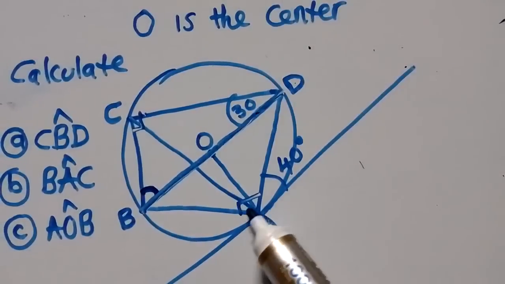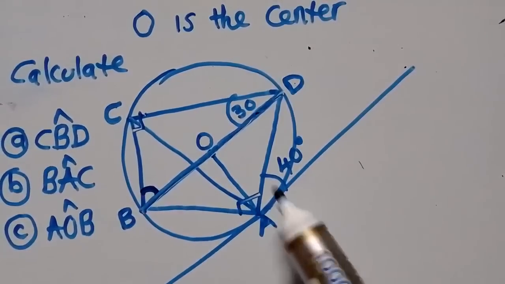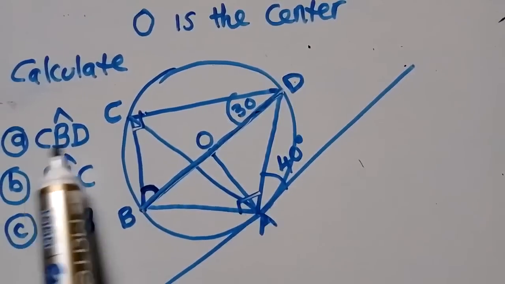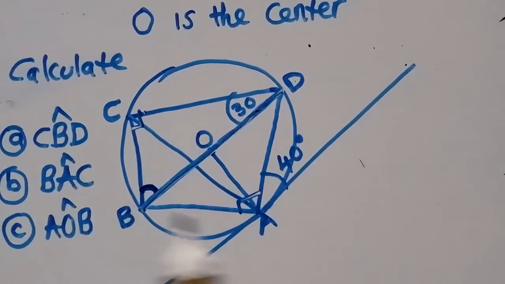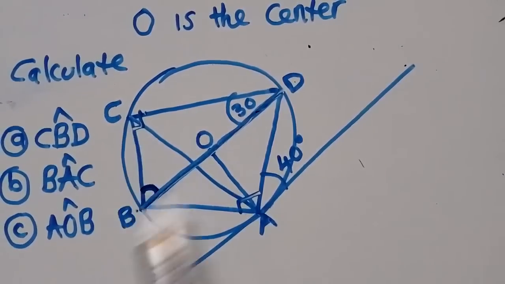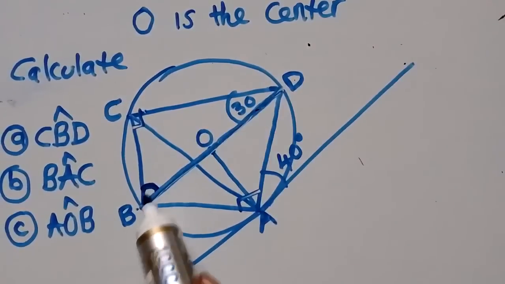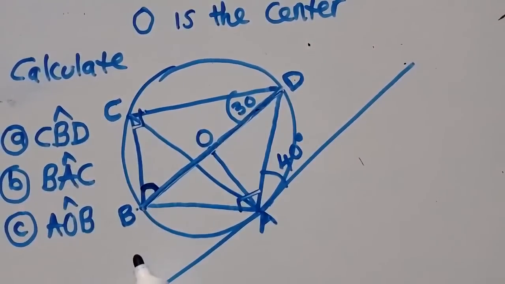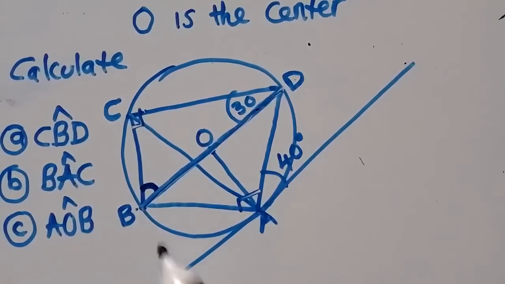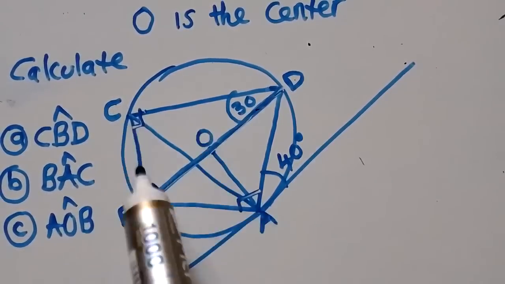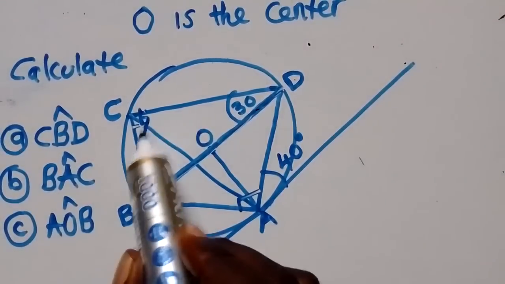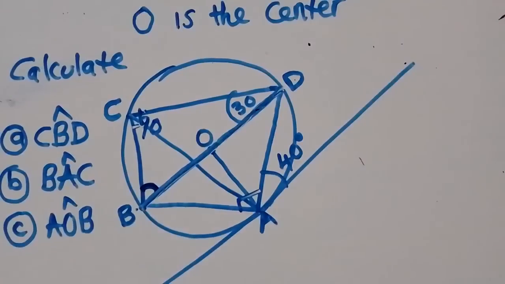So here you've got a 90. So answering CBD, this angle that is here, this is what you are going to do. From here to there, there is 90. So I'm going to say there is 90 there.